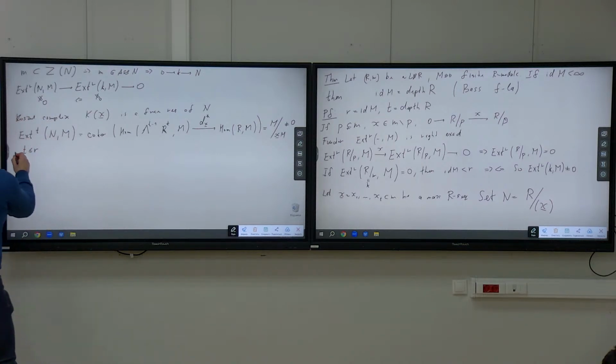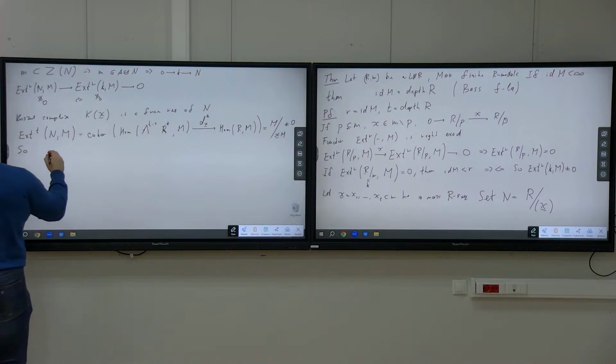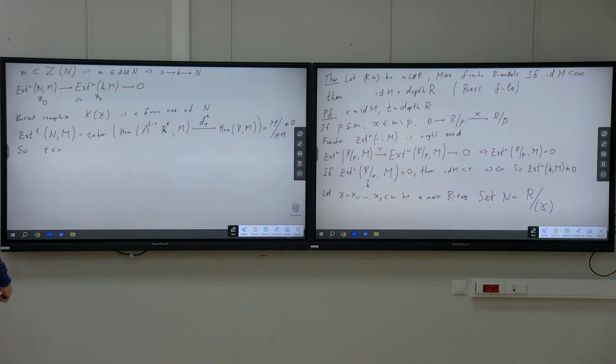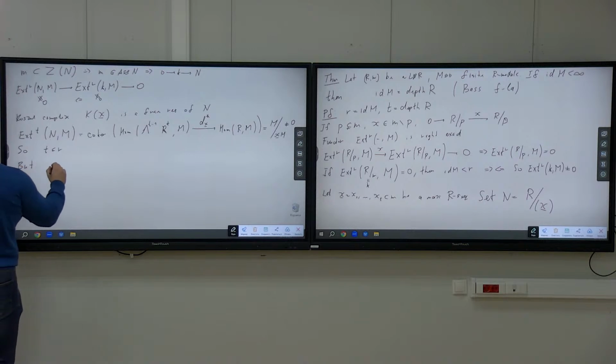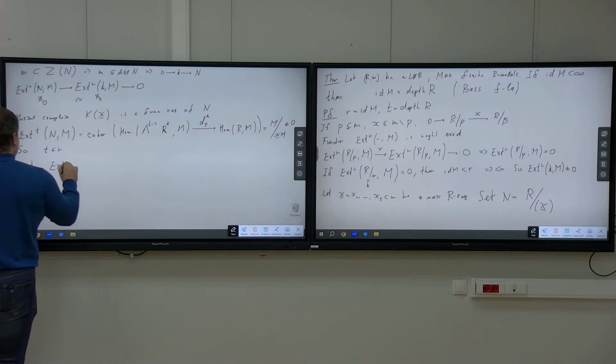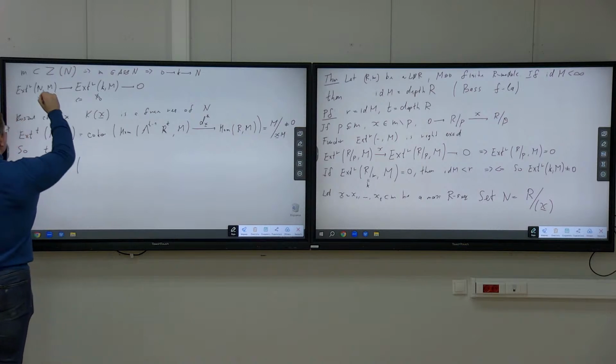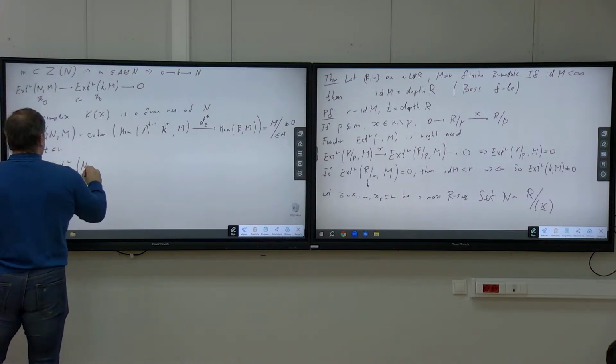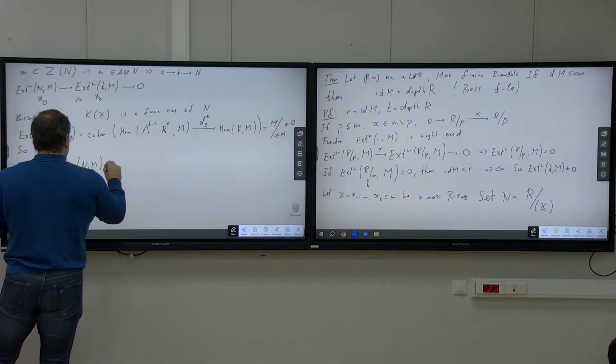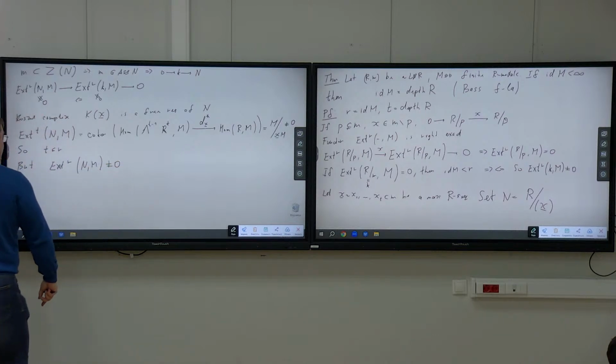So, this is by this computation, t is less or equal than r. This is what we get from this computation. Now, but I've already proved this, Ext with the index r between M and M is not equal to 0, right?